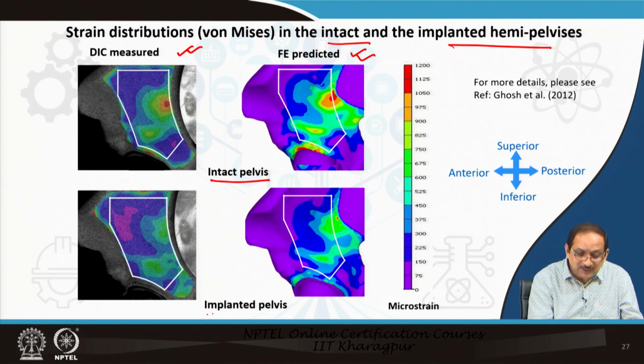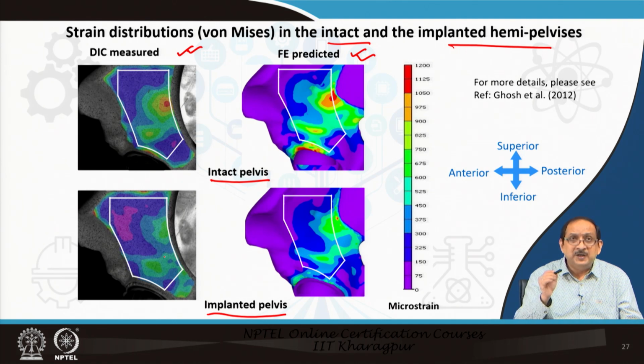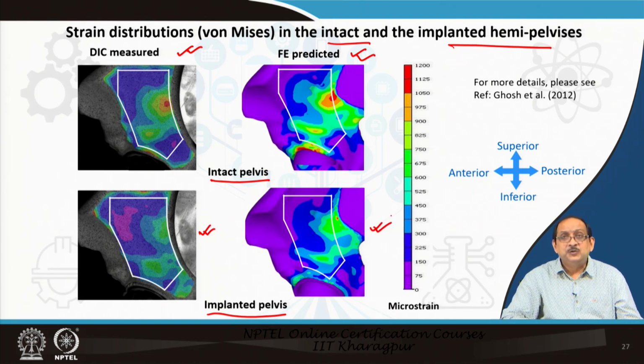Similar observations can be made for the implanted pelvis, wherein the DIC measured strains are very well comparable to the FE predicted strains.